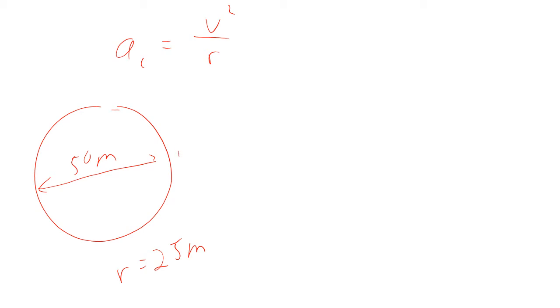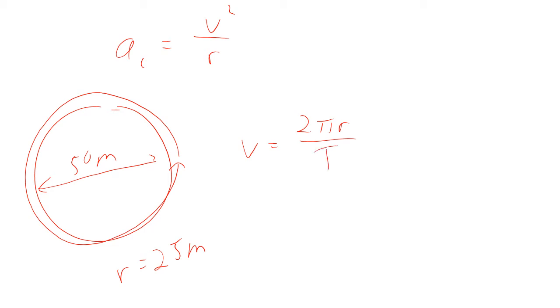Well, the distance around divided by time is going to be v. So 2 pi r divided by the time it takes to make one rotation is v. Well, the time it takes to make one rotation is the period. So we often use the capital T to indicate not just time, but this one special time, the time for a complete rotation.